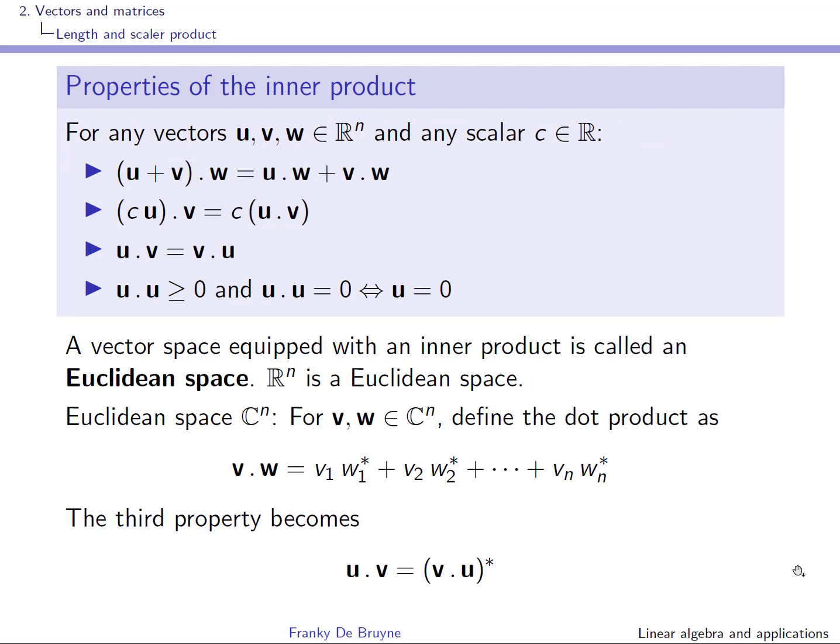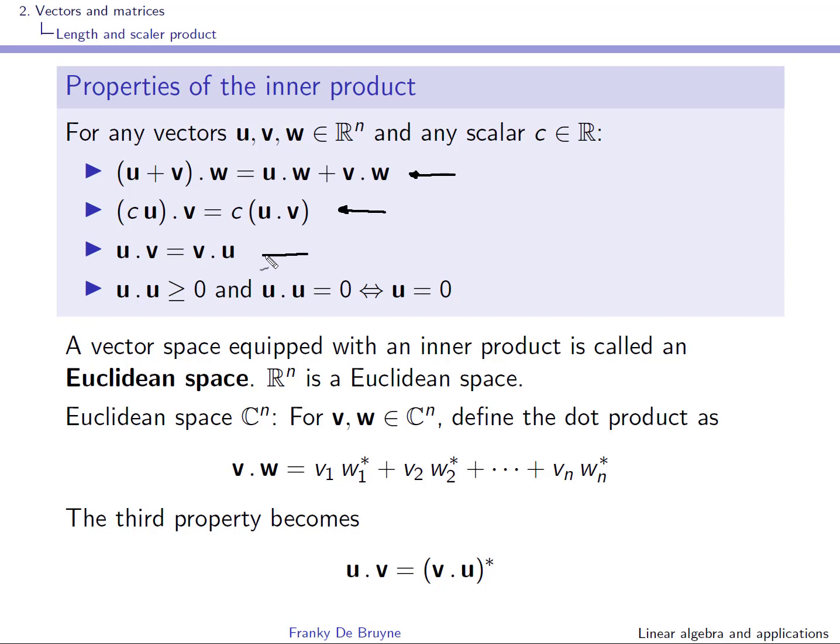Well, the scalar or inner product comes with a certain number of properties, and these properties are that for any vectors u, v and w in Rn and any scalar c in R, you have a form of distributivity with respect to vector addition, a form of distributivity with respect to scalar multiplication.